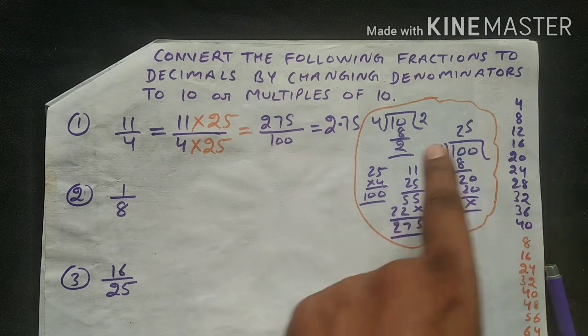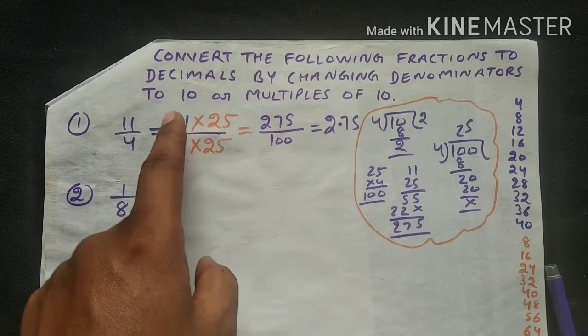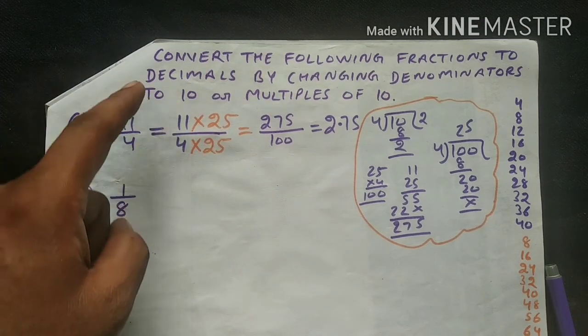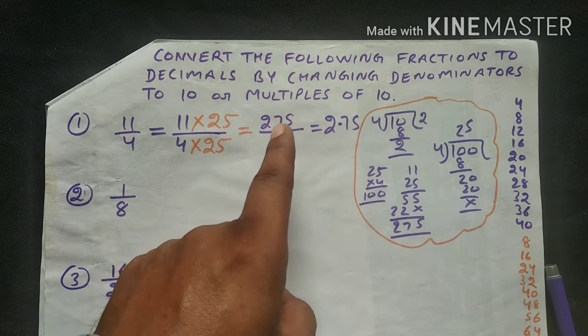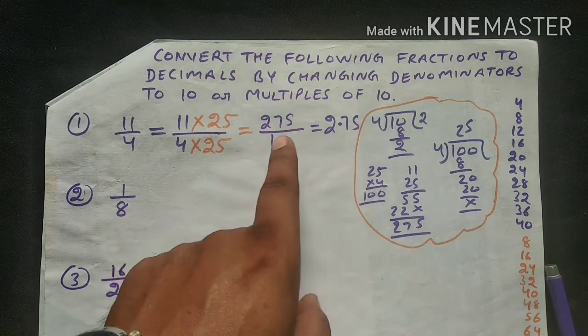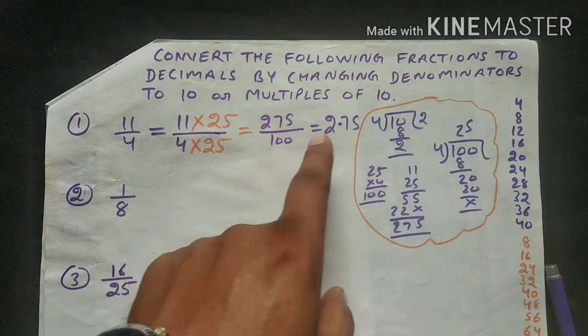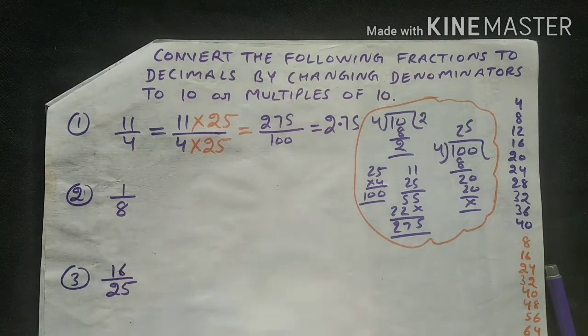Now if I multiply 25 with 4 and 11, that is the denominator and numerator respectively, then I got 275 in the numerator and 100 in the denominator, which I was required to get. Therefore I can convert this decimal fraction to the actual decimal that we have learnt in the earlier videos. The answer is 2.75. Now we shall move on to the next question, where we have to divide 1 by 8.